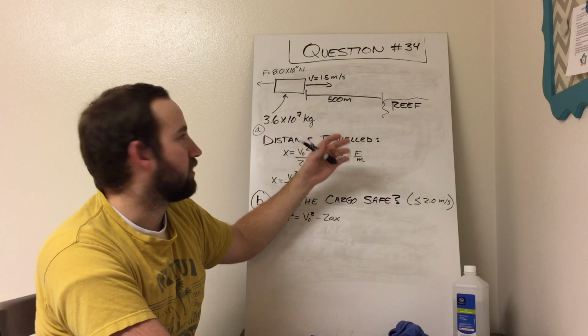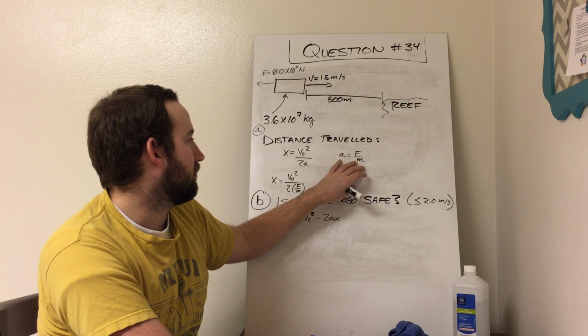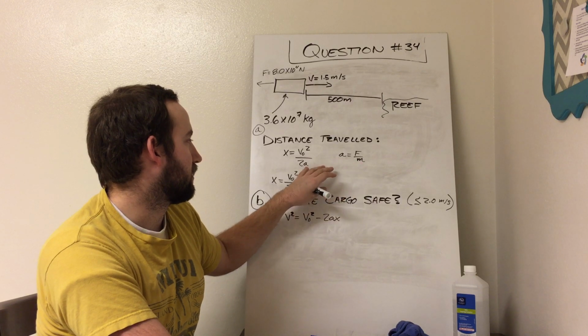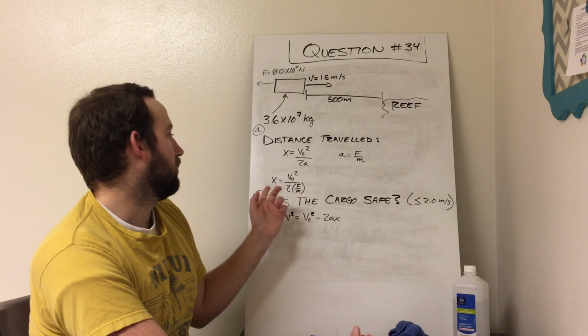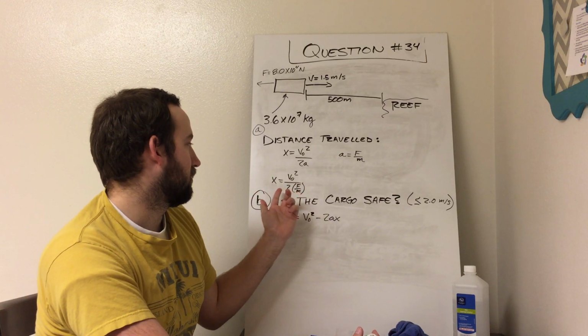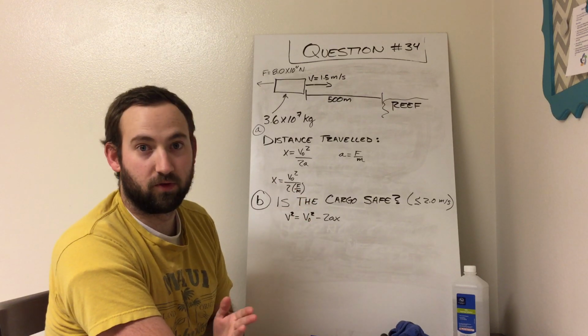Since we're not given the acceleration, we will substitute the force over mass for the acceleration, which will give us this. Now we just plug in these values to find out what distance the tanker goes before it's able to stop.